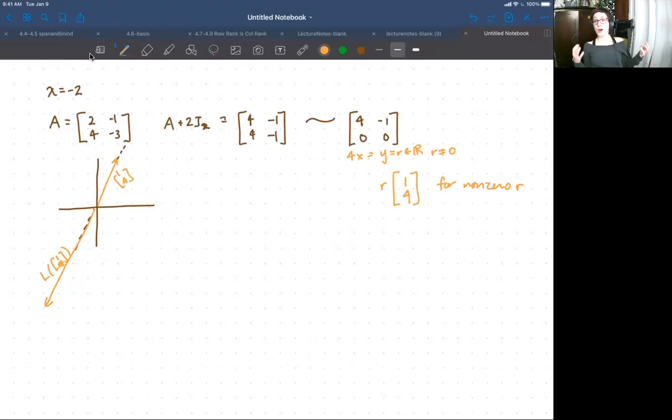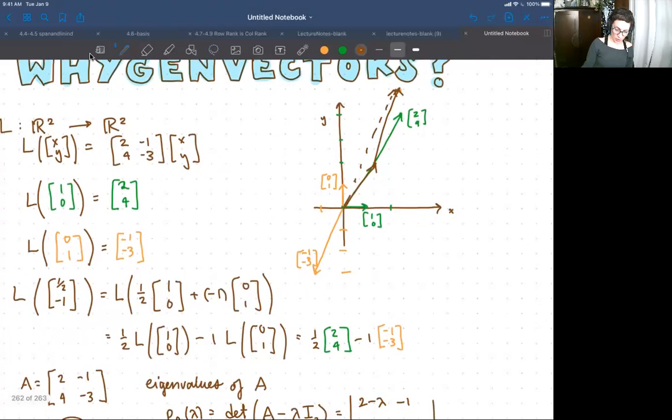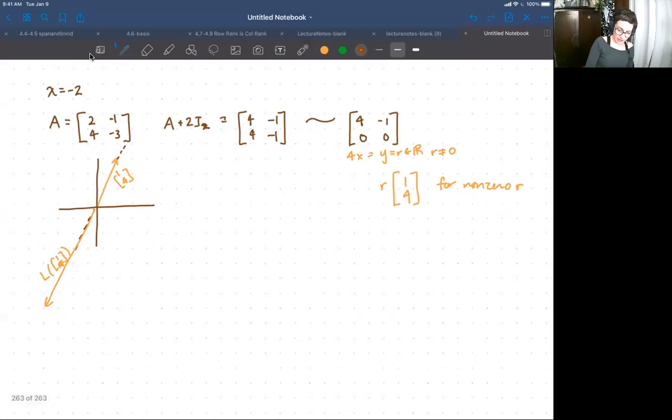Okay, so eigenvectors, why do we care about all of this stuff? Well, let's take that vector that we had earlier. What vector did we pick earlier? We picked the vector (1/2, -1). So back to L of (1/2, -1).